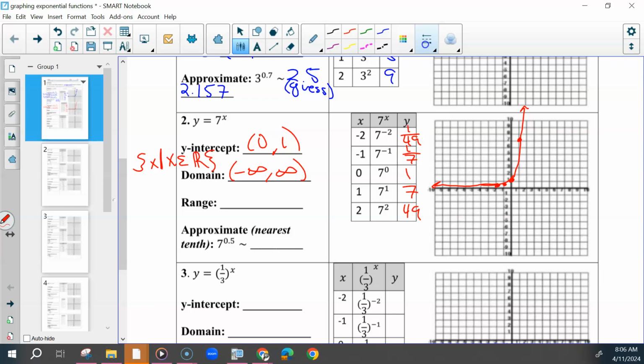Is that going to go below this line? No. So where would that start? 0. Would that be included, square bracket or parentheses? Parentheses. It's not included. So 0 to infinity, or y such that y is greater than 0.